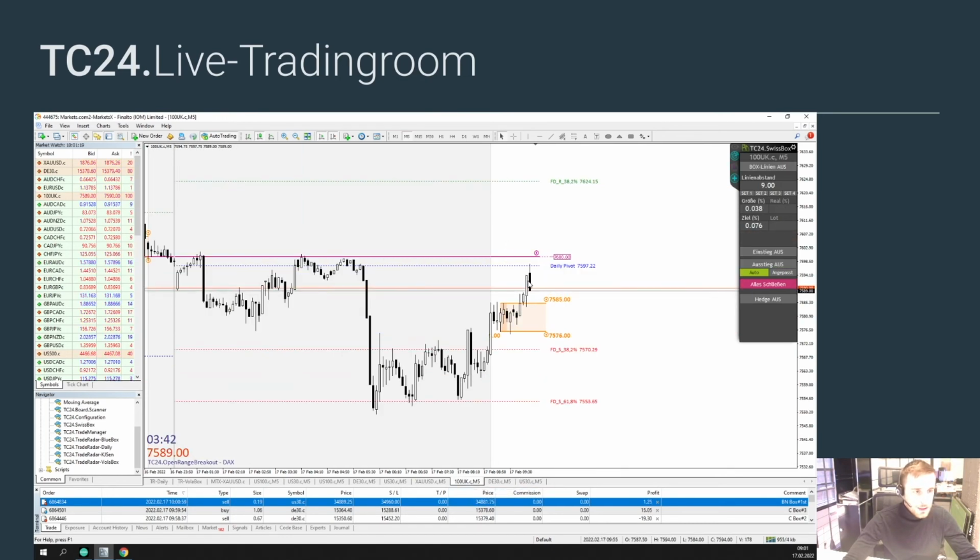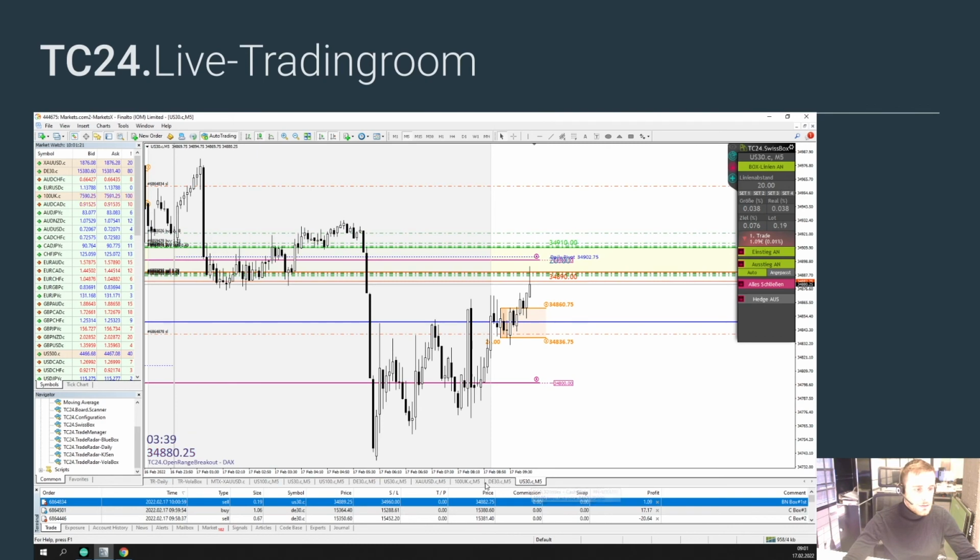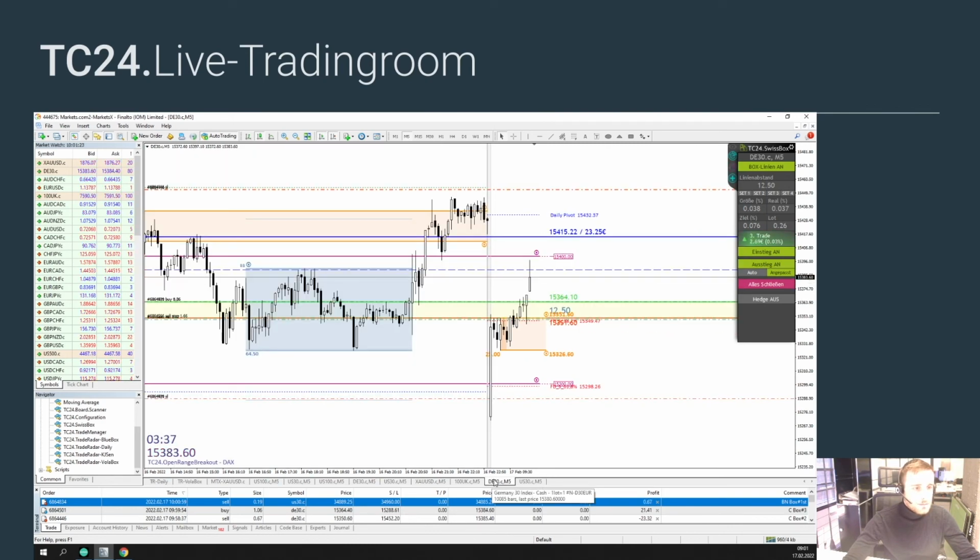So we would have been straight out of this one in the FTSE. I think we'll just get a manual close on this once it reaches above this dotted line. So we're in profit at the moment, and as soon as it peaks over the top, we can get a close on that.